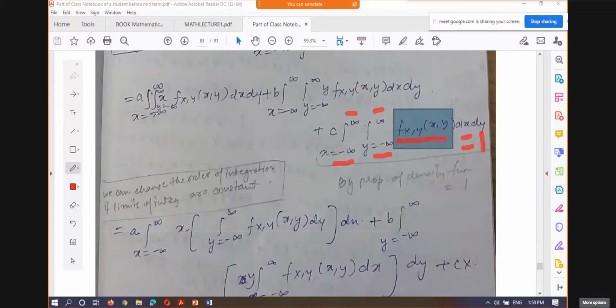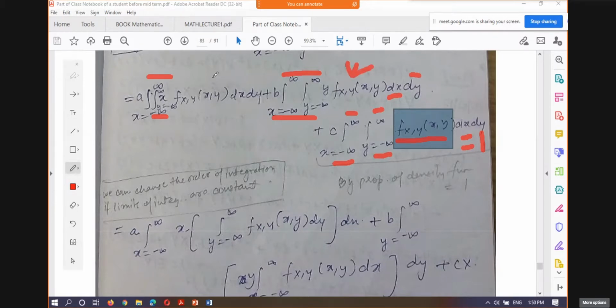Since here the limits of the integrations are constant, you can change the order of integration at any time. Either you can integrate with respect to x, or you can integrate with respect to y, because if the limits of the integration are constants, you can change the order of integration. So here, since y is there, I integrate in this instance with respect to x first.